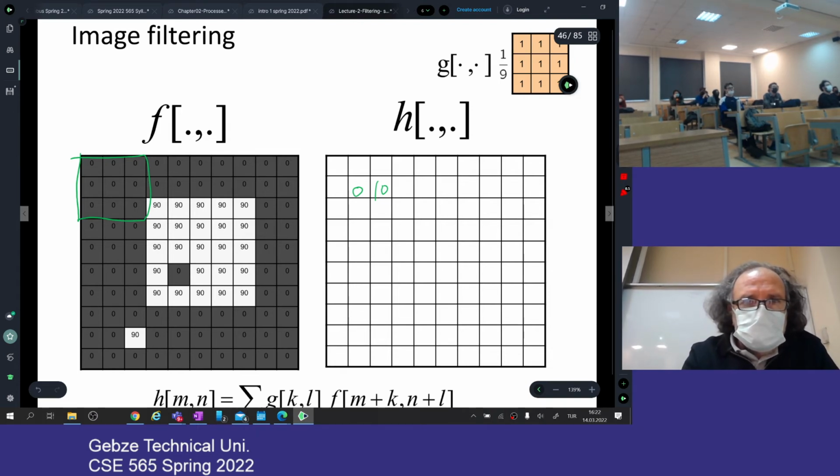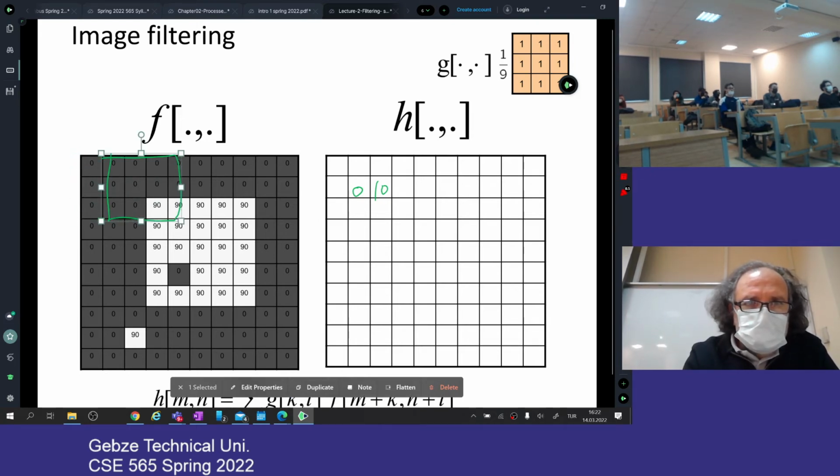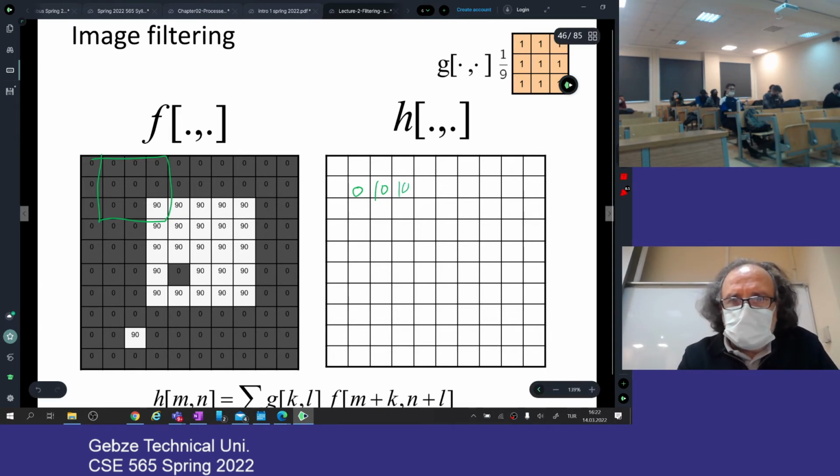Can I move it? Yeah, it works, right? Move it like that. Good. I moved my window and multiplied each value with 1 and divided by 9, and I would get a 10. So it looks like it's going to be 10 and 10.